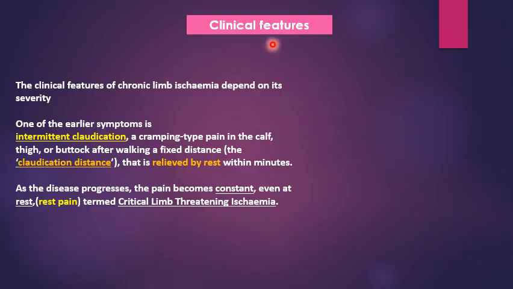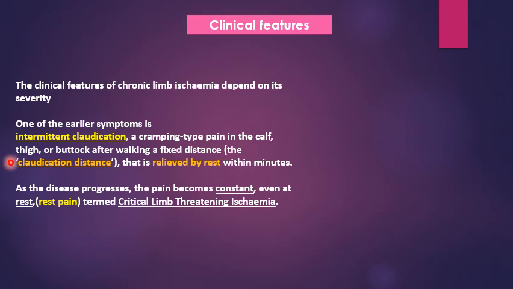Now, what are the clinical features of chronic limb ischemia? The earlier symptom of chronic limb ischemia is intermittent claudication, which is a cramping type of pain in the calf, thigh, or buttocks after walking a fixed distance, which is referred to as the claudication distance.